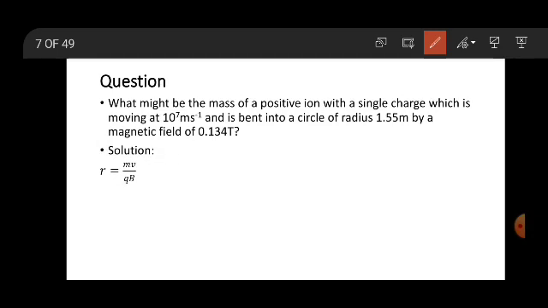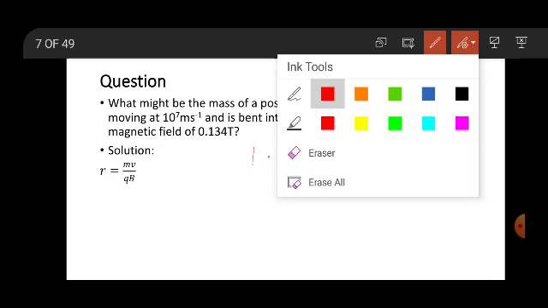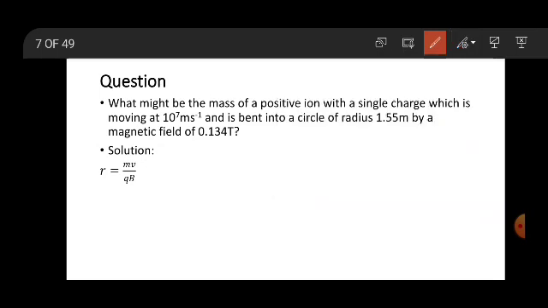Of course, that's the formula we use, r equal to mv over qB. Let's make the mass the subject of the formula.